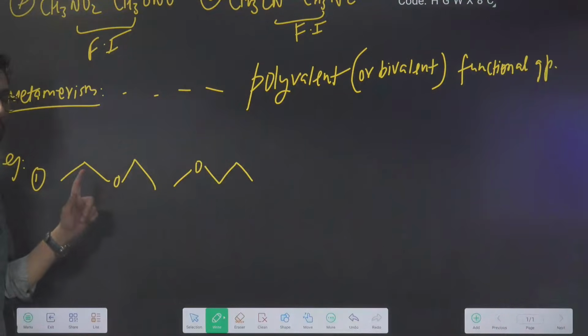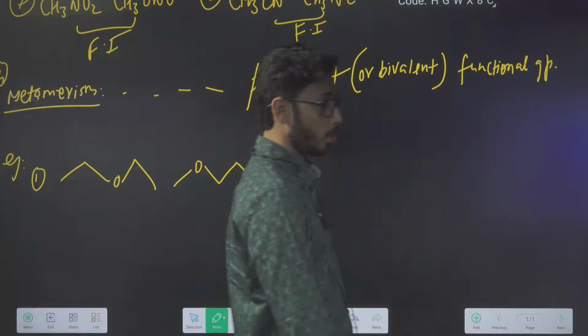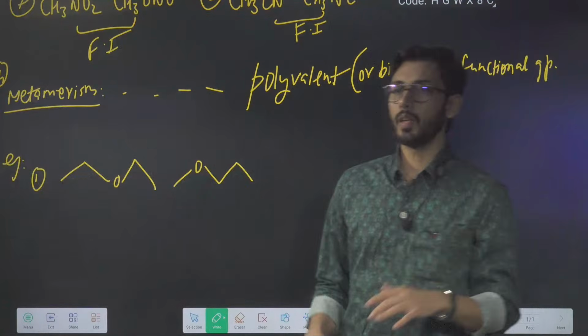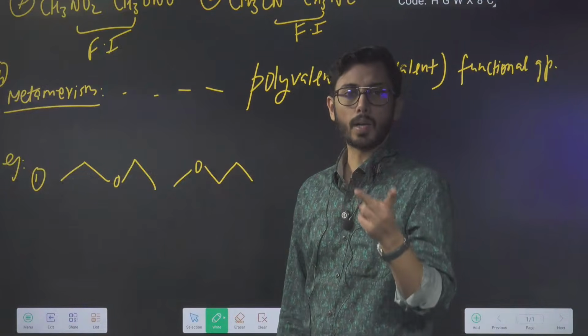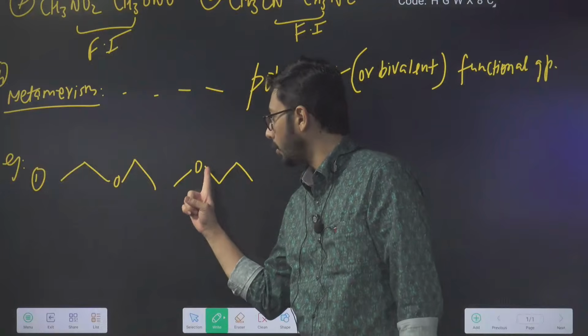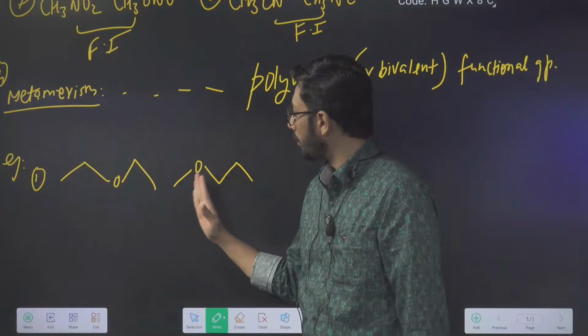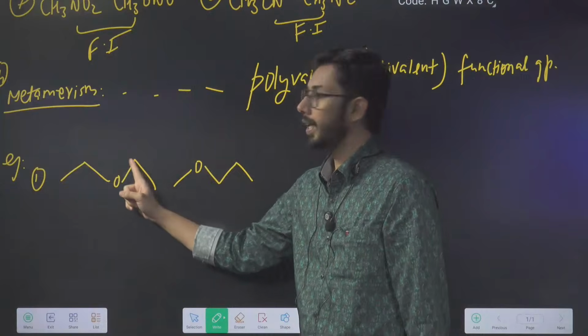In this example, both are ethers, same functional group and same molecular formula. Bivalent or polyvalent means like ether, where oxygen is bonded to the carbon chain on both sides. That's a bivalent functional group. With respect to oxygen, here it is methyl and propyl, but in the first one it is ethyl and ethyl.